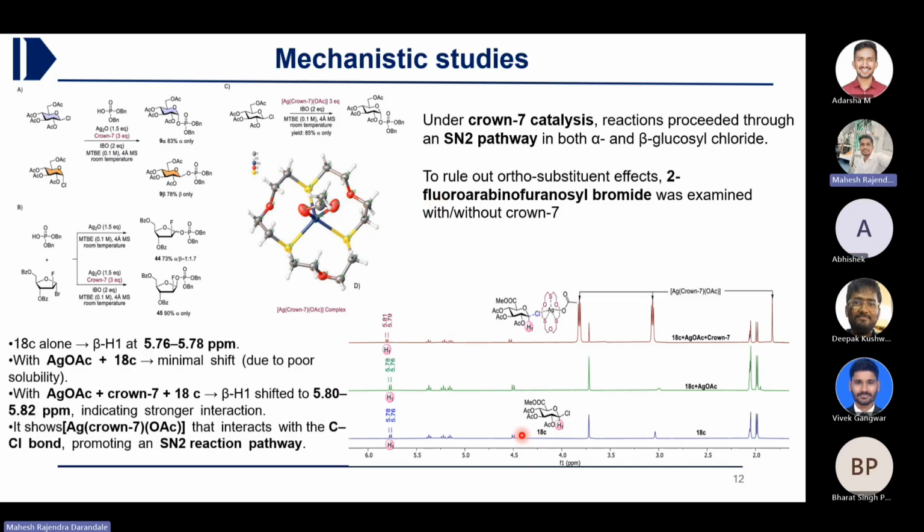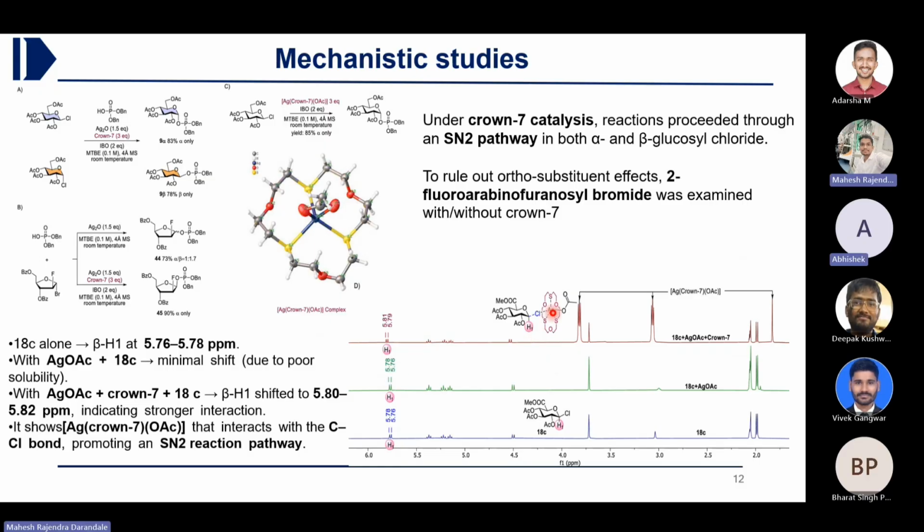Okay. So first they have mentioned this. They are taking different types of NMR with different compounds. Only the 18C compound in the first NMR, where the beta hydrogen value is 5.78 to 5.76. In another case they are adding the sugar plus the salt, and they again get the same values, 5.78 to 5.76.